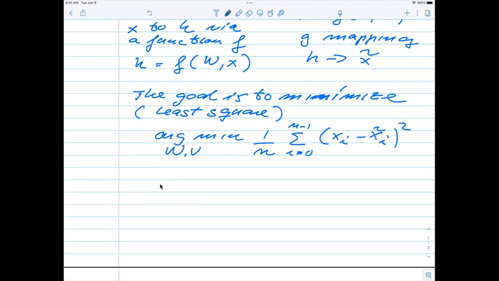But if we now assume that H is given by a linear dependence between the input X and the weights, so we make an assumption now that we have a dependence like this. So we have a linear dependence.